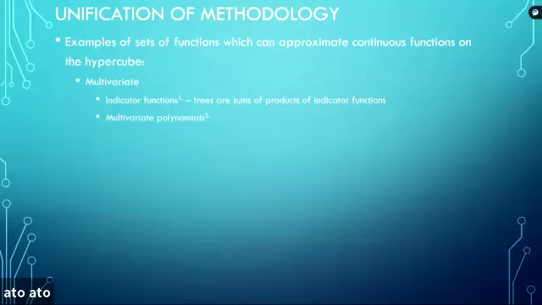Multivariate polynomials. Those can approximate any continuous function on the hypercube. That comes from our good friend, the Stone-Weierstrass theorem. Weierstrass gives his approximation theorem in the 1800s, and then Stone, I believe an American mathematician, generalizes it to a fairly large degree of generality. What else? Neural networks. That's why neural networks work, as it were.